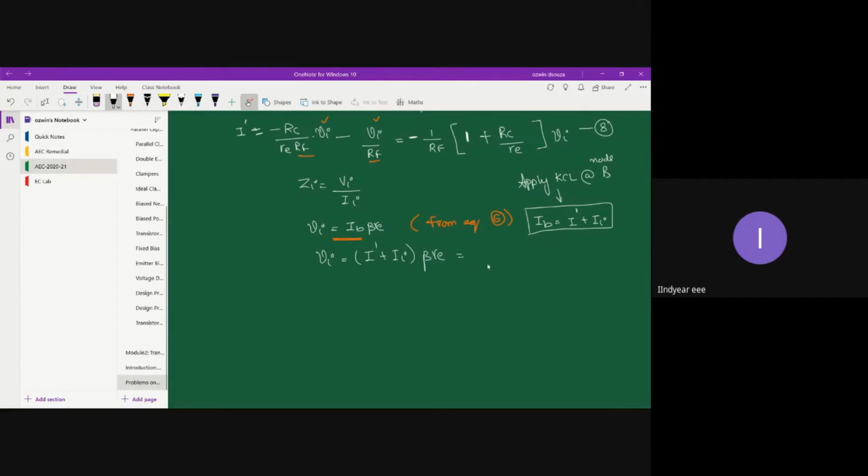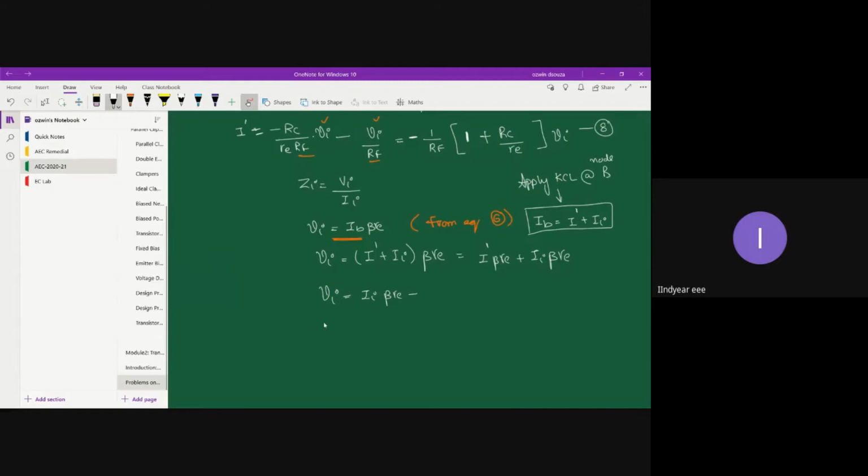Or let us split the terms. So it is I dash into beta RE plus II into beta RE. Or VI is equal to II into beta RE, let me keep it as it is, plus you have I dash into beta RE.